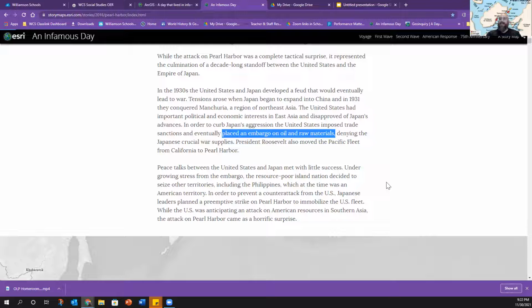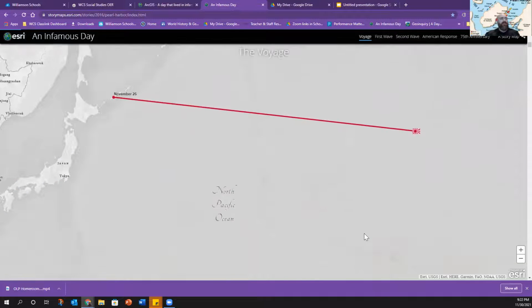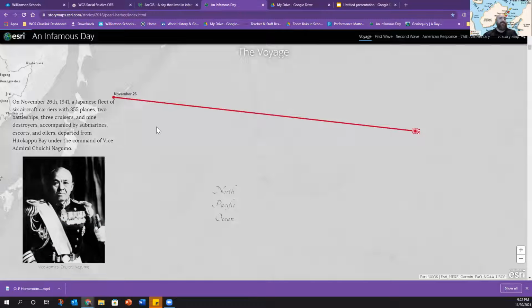crush Japan and any attempts they have to maintain the territories that they've taken. So here is the route that the Japanese fleet takes in order to get to their attack position, right?